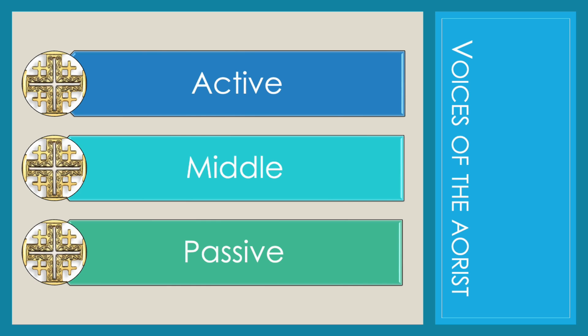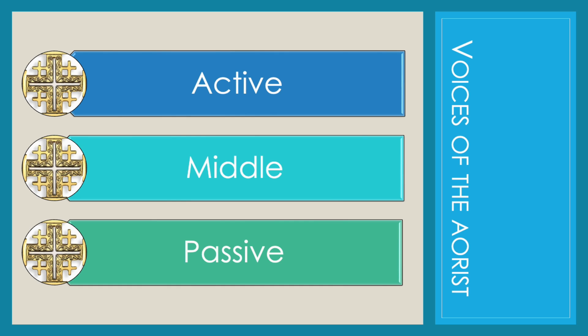But also, I'll point out here that the aorist tense, as well as being in all 5 moods, is in all 3 voices. So they can be active verbs, where the subject is doing the verb. The middle voice, usually used for coming and going, either in physical motion to, from a place, in, out of a place, a building, or a motion in thought or belief or something like that.